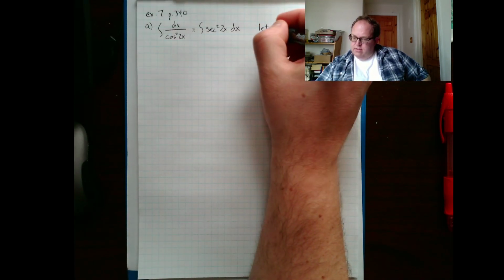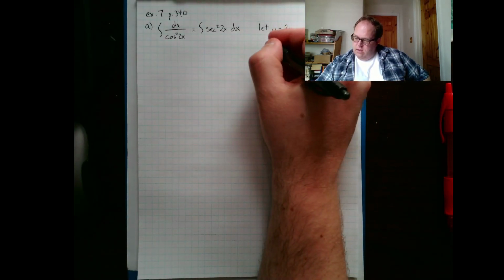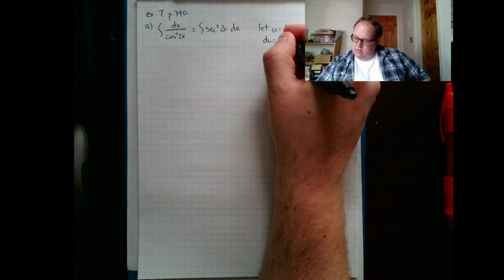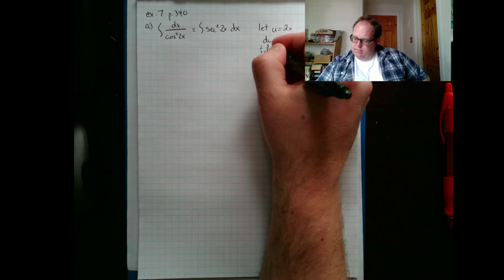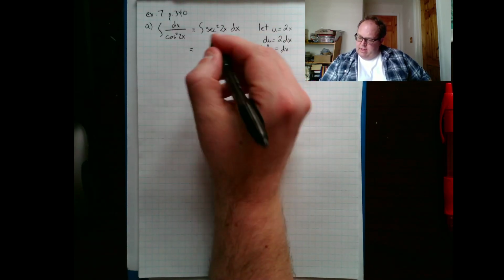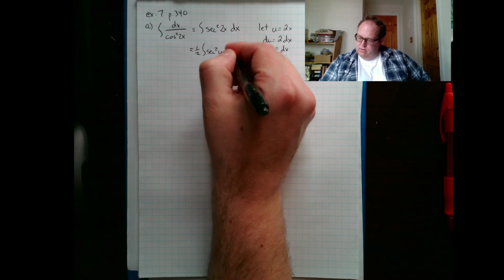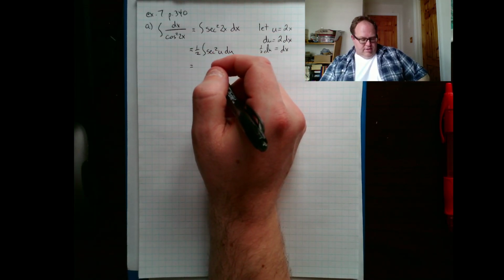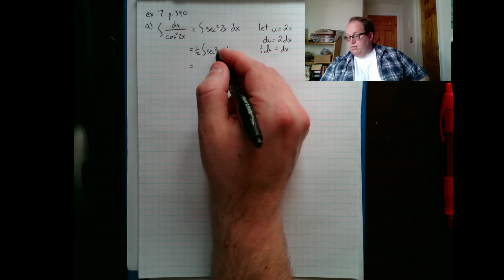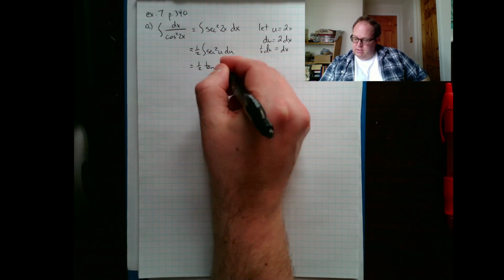If I let u equal 2x, then du equals 2dx, or dx equals a half du. This becomes 1/2 integral secant squared u du. And if you recognize secant squared, because that's the derivative of tangent, so the antiderivative of secant squared is simply tangent.